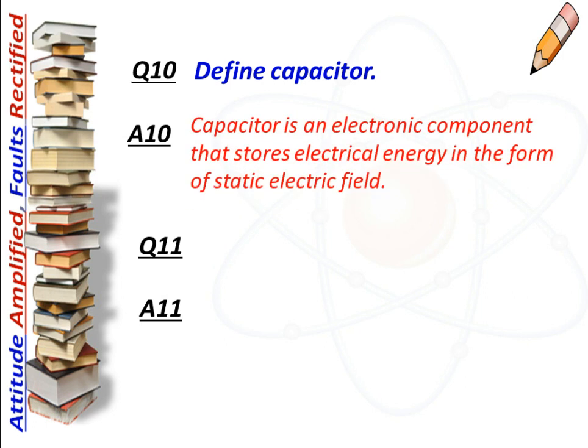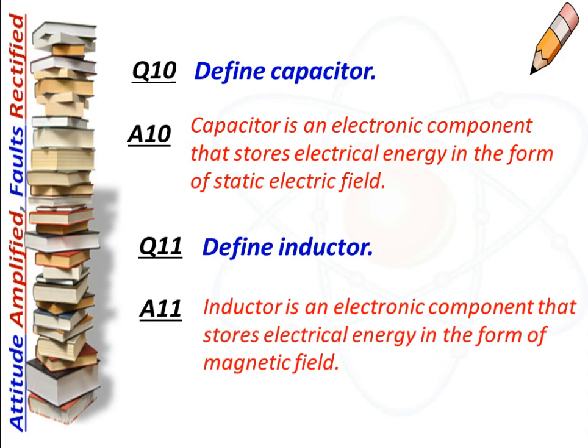And the answer is, a capacitor is an electronic component that stores electrical energy in the form of a static electric field. Next question, define inductor. The answer is, an inductor is an electronic component that stores electrical energy in the form of a magnetic field.